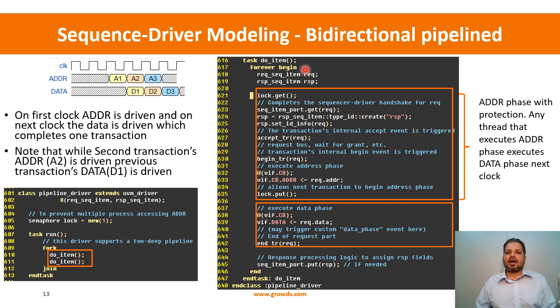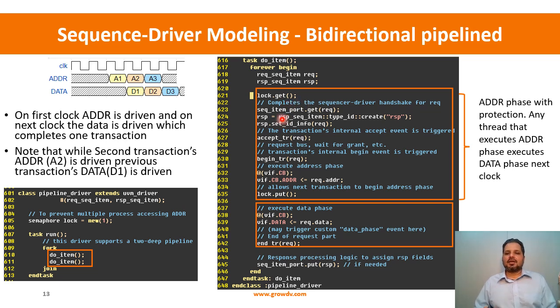We are going to come here and do this forever. We have this request and the response handles, but the key thing to note is that there are two threads which are doing the same thing. Now we launched both of them. Both of them will attempt to get the semaphore lock, but only one of them will succeed.